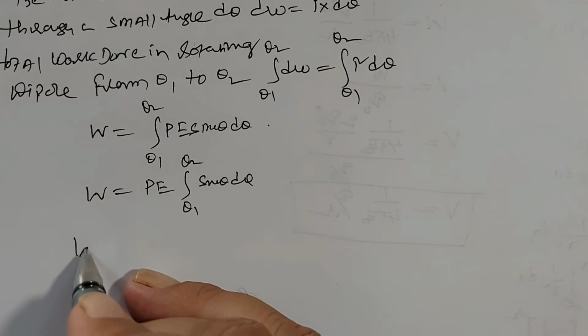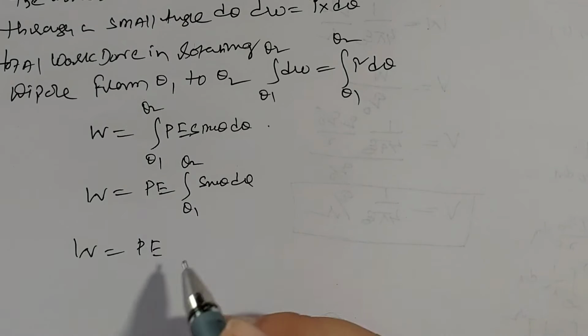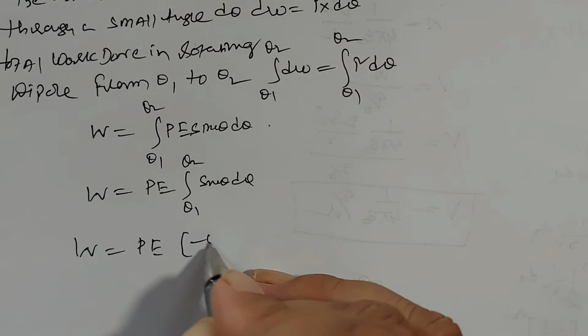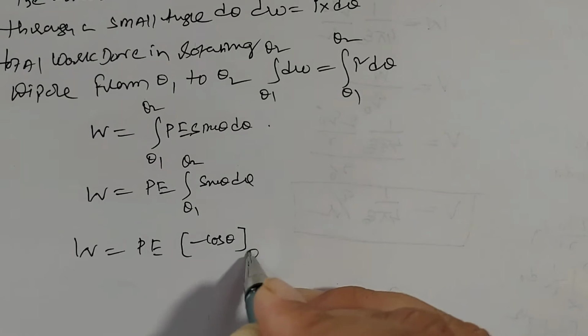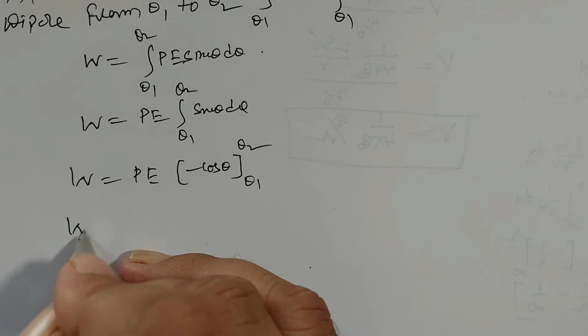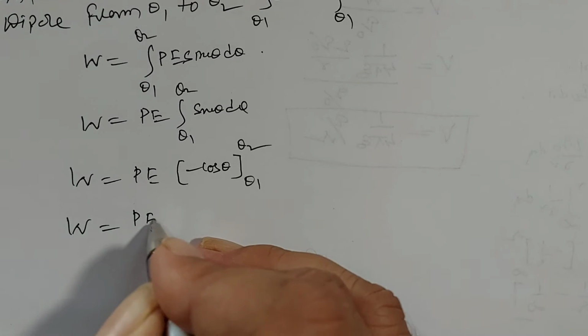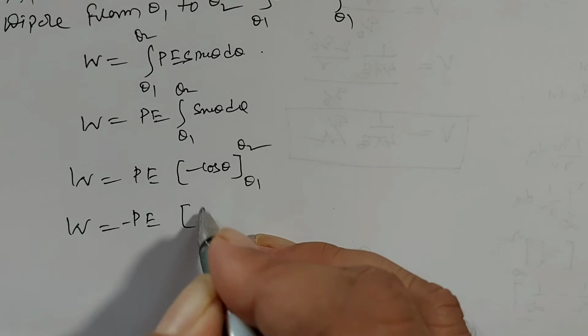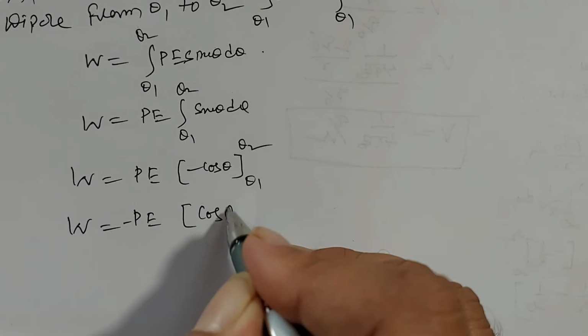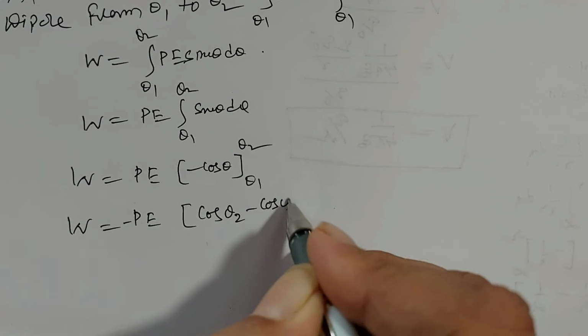The integration of sin theta is minus cos theta, from theta 1 to theta 2. So W is equal to minus PE, cos theta 2 minus cos theta 1.